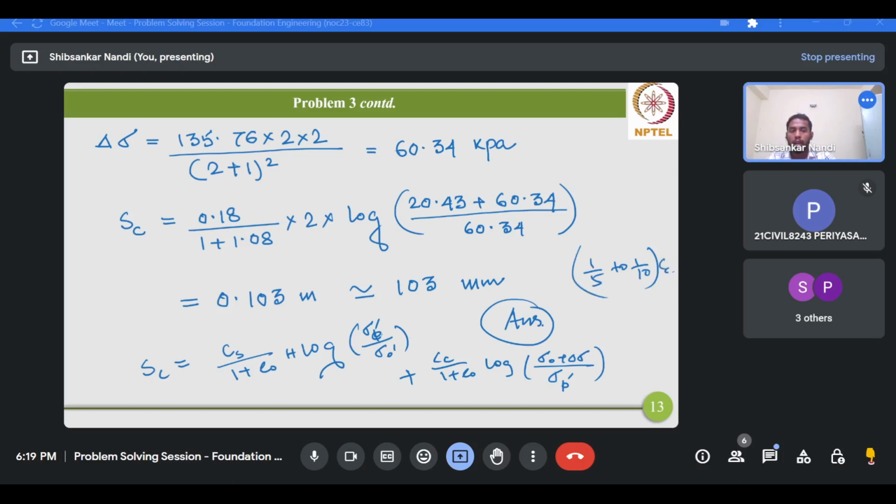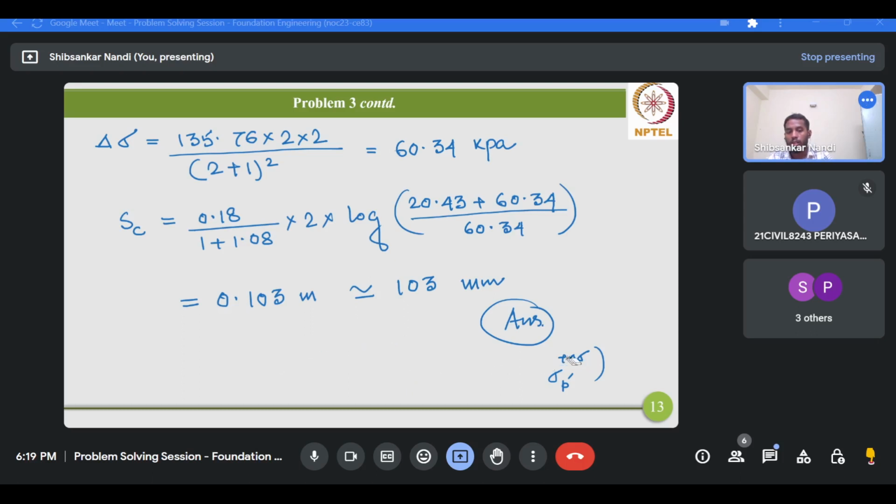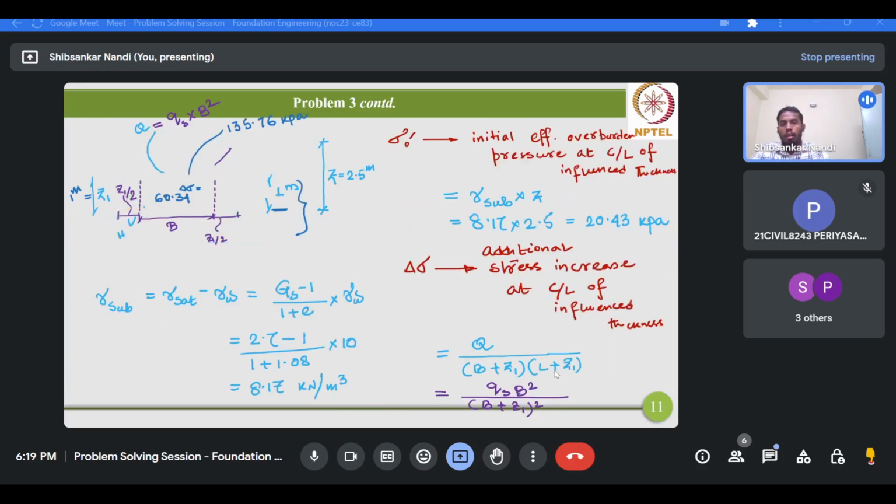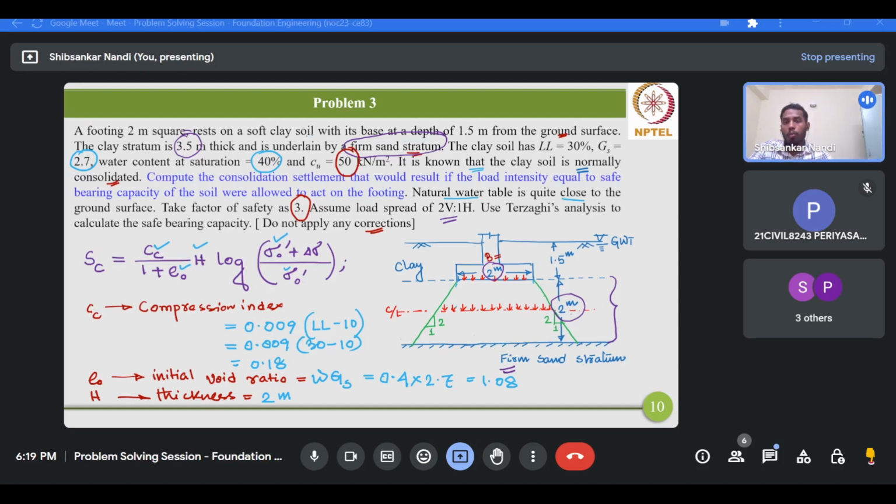If you calculate, you will observe that for the same intensity of loading, the consolidation settlement will be much lesser for over consolidated clay as compared to normally consolidated. Though this is not the case for this problem. Now, this is for the calculation of consolidation settlement.